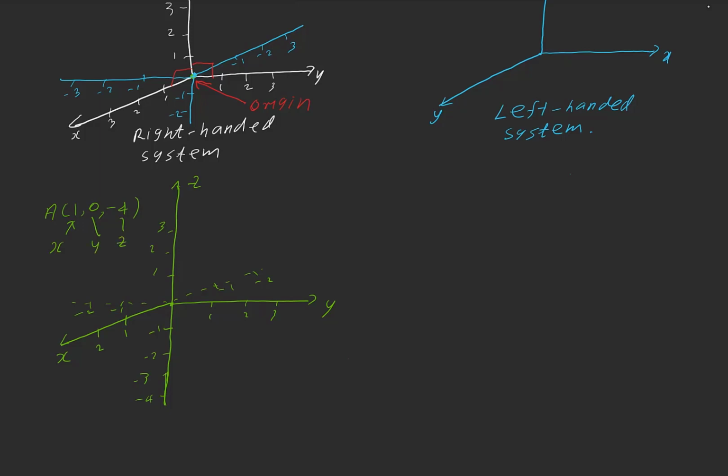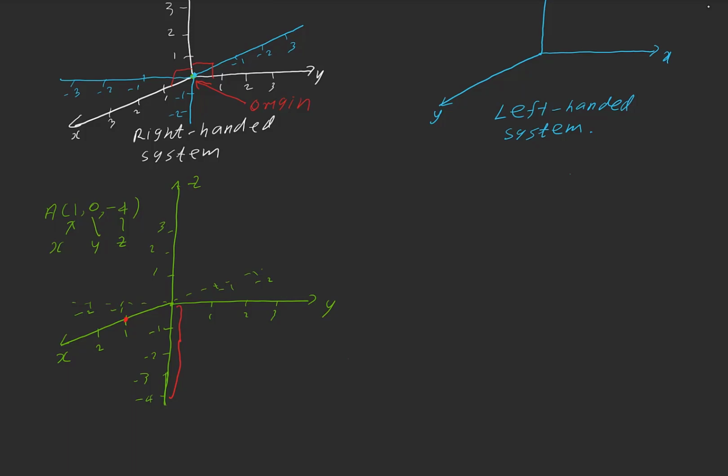Okay, x equals 1, you start from here and come to the 1, then y equals 0, so we don't go anywhere at this point, because y equals 0. So at this point x equals 1 and y equals 0. But still we need z equals negative 4. We know the z-axis is vertical and negative 4 is from here to here, 4 points.